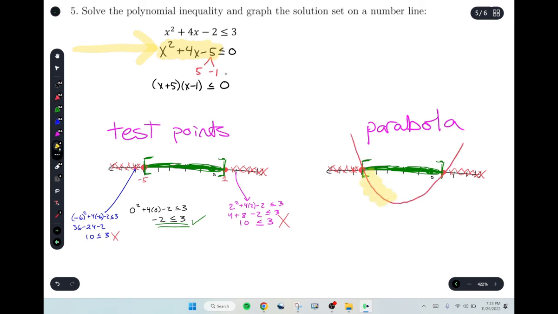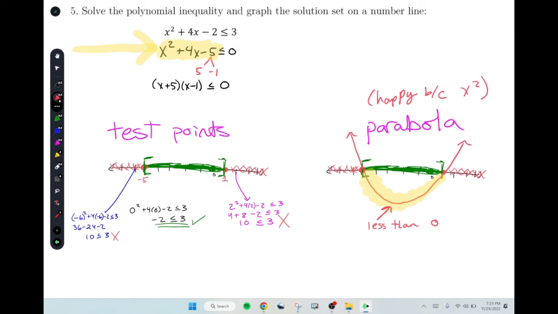I would highlight the bottom. I would say less than 0. And I would say parabola is happy because of x squared. And so that tells me where to shade. Just a thought.